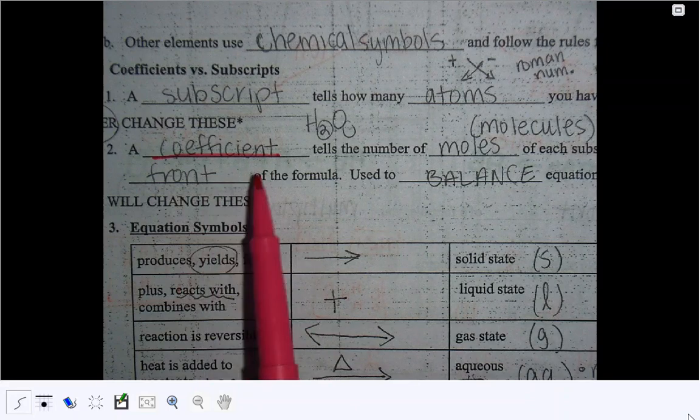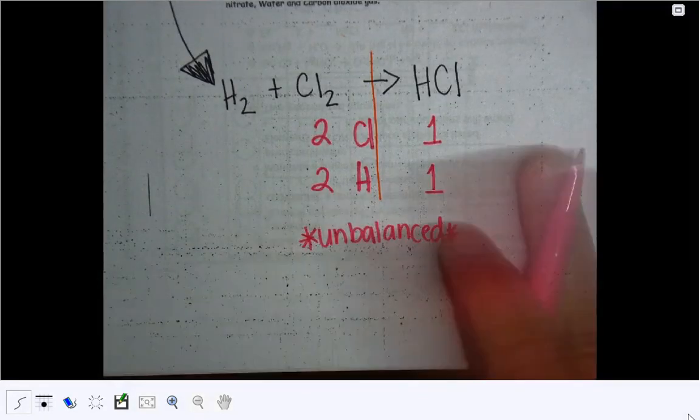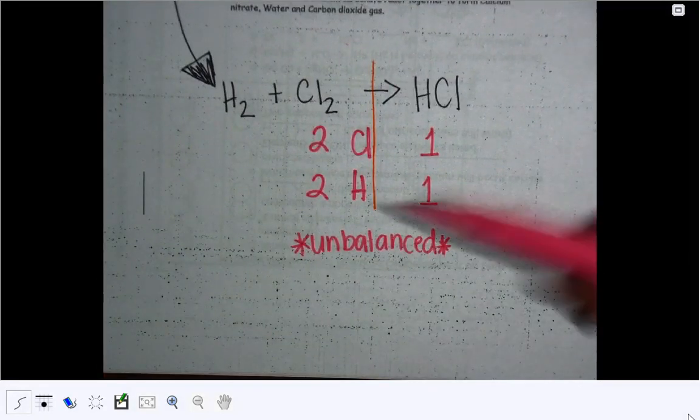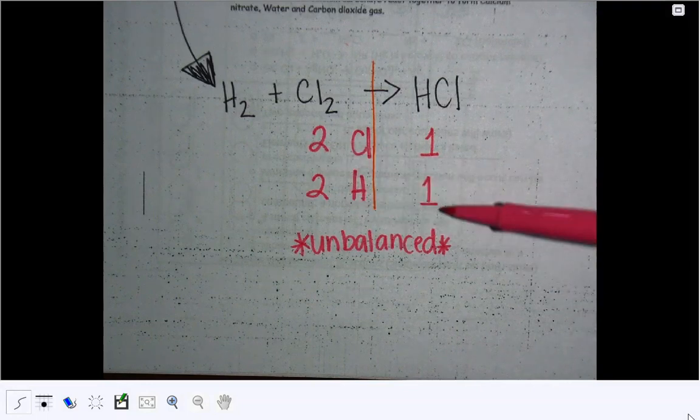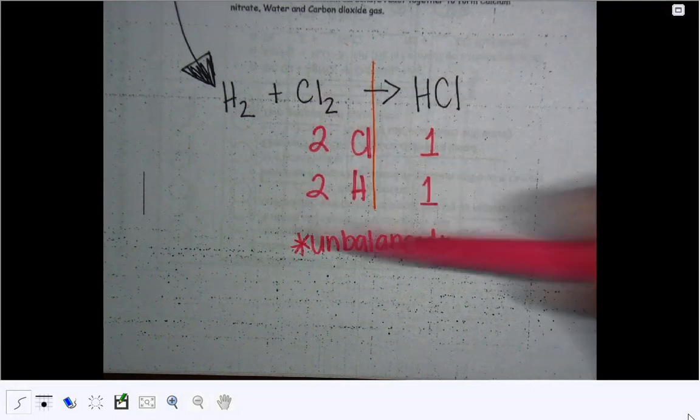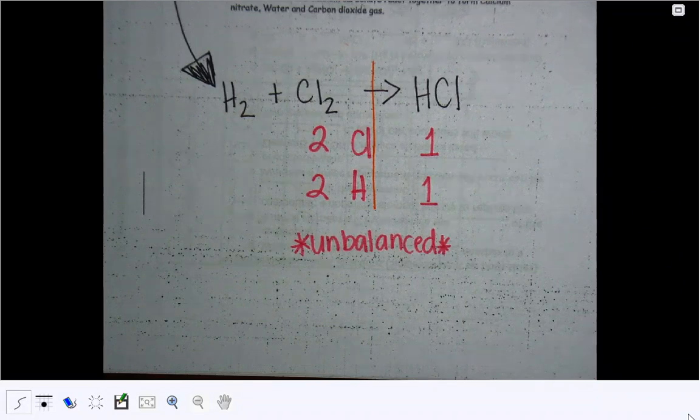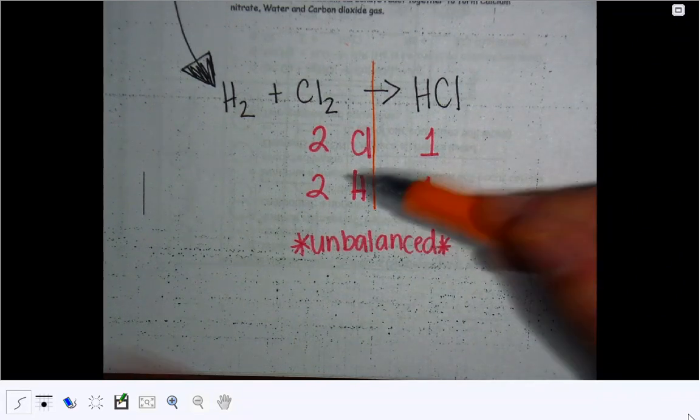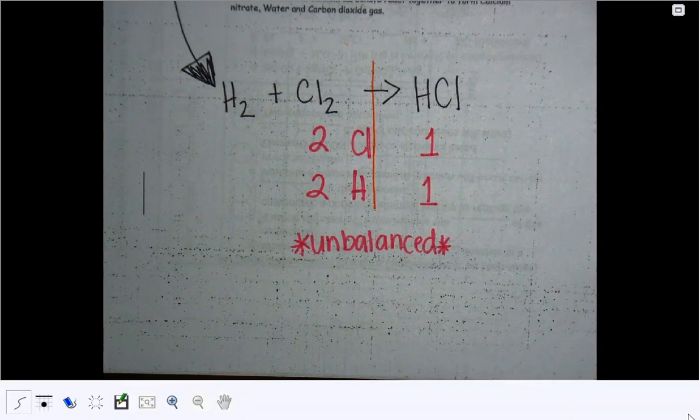Sorry, coefficient. So a coefficient is what we're going to be adding to our little equations in order to balance these things out. So just again to make a point. All right, so we see we have 2 versus 1, 2 versus 1. So looking at this little equation, is there a coefficient that we can add to it in order to make these things maybe be equal?